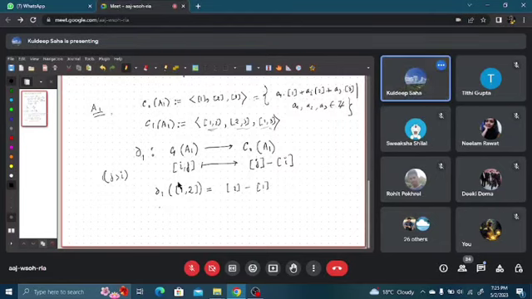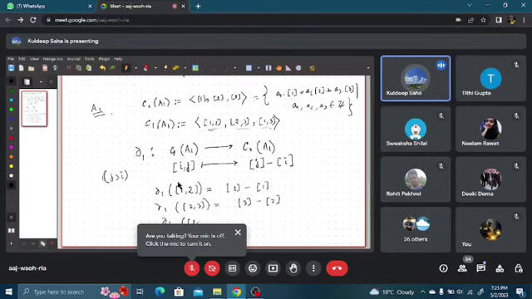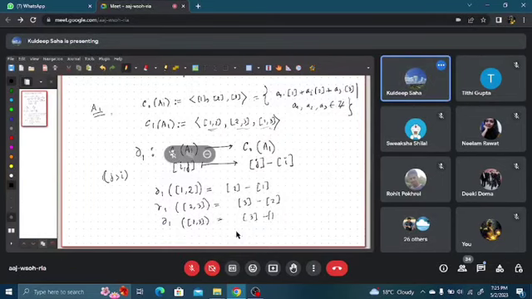Okay? So delta 1 of (2, 3) will be 3 minus 2, and delta 1 of, what is there else, (1, 3) is 3 minus 1.